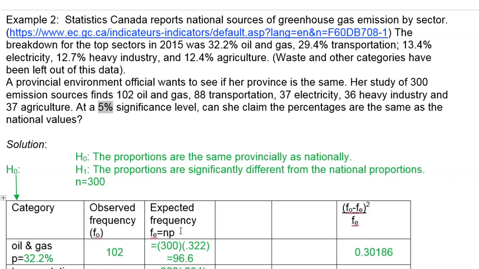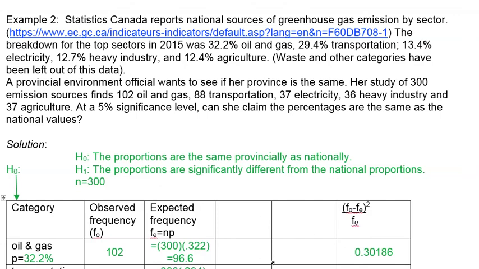So this time it's going to be a little more work for 2 reasons. One, we have more categories, and 2, we don't just have the same proportion each time. So we're going to have to multiply our n, that 300, by the corresponding percentage. So I put my percentages for each one just right into my table. So 300 times 0.322 gives us 96.6. So here's one where we're ending up with some decimal values.